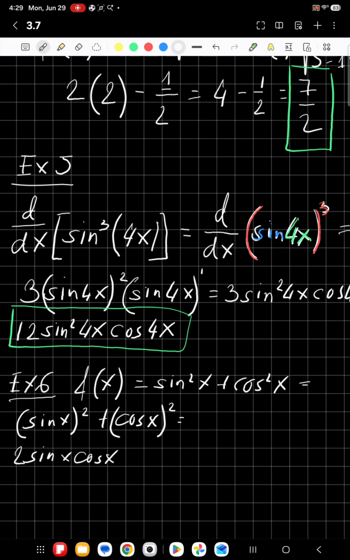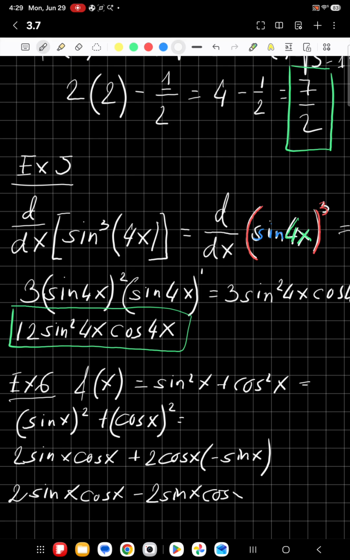I subtract 1 from 2, so I get 1. And then plus 2 cosine x times derivative of cosine, so that's negative sine x. Okay, so we get 2 sine x cosine x minus 2 sine x cosine x.